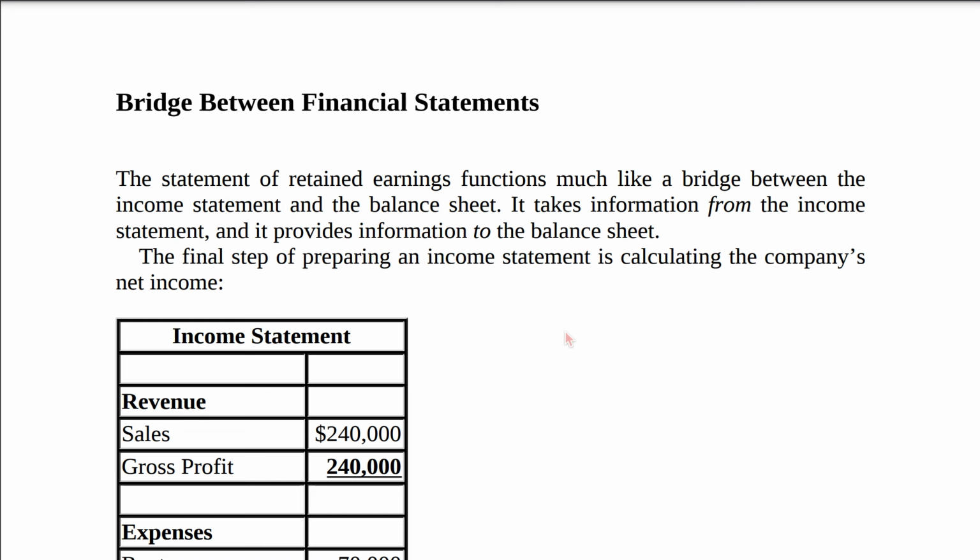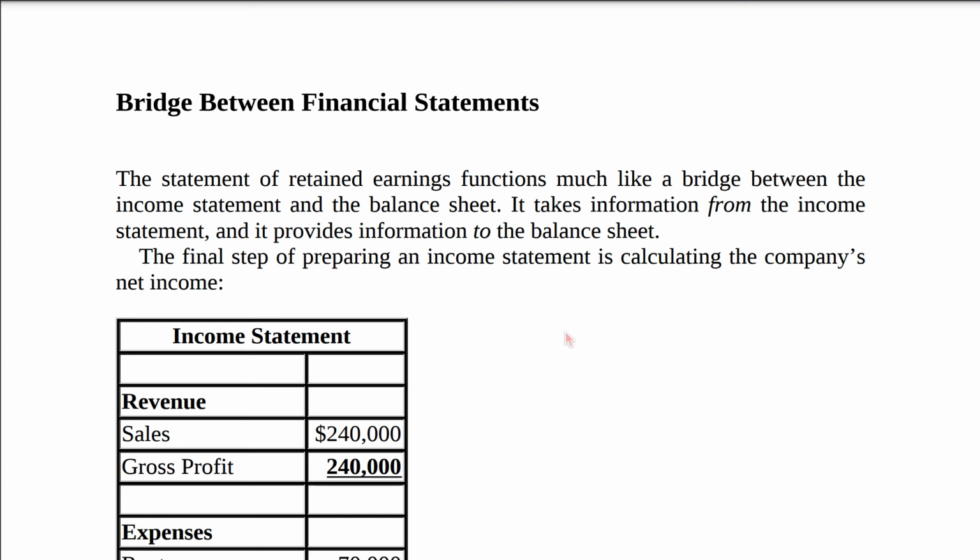Okay, so retained earnings takes information from the income statement and provides information to the balance sheet. Whatever net income we have earned is shown in the income statement, but retained earnings is part of the balance sheet.